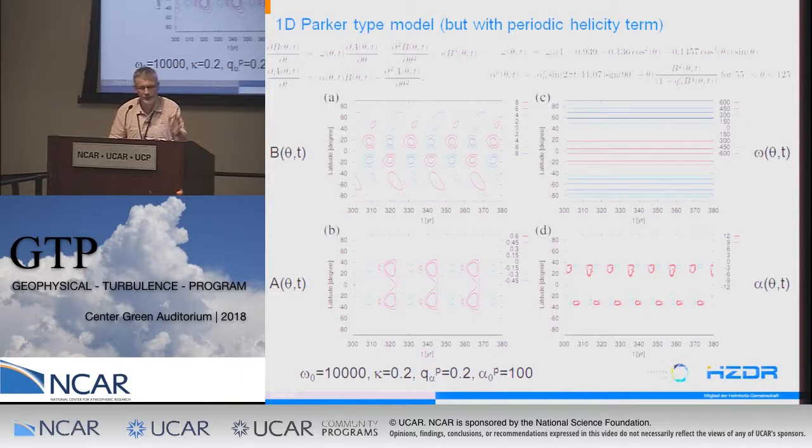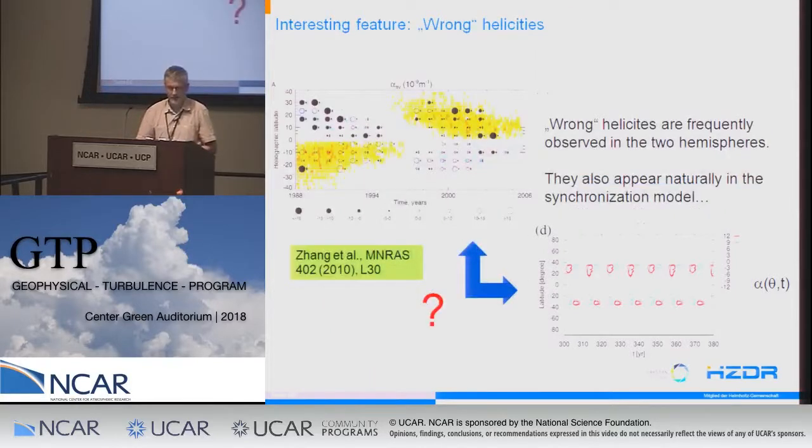Here are some new simulations. We tried a 1D Parker migratory model. Please look at this. This is a B field. What you see here is maybe not a perfect butterfly, but it goes in the right direction. This butterfly, I hope that I can still improve, and you get the perfect 22-year cycle here.